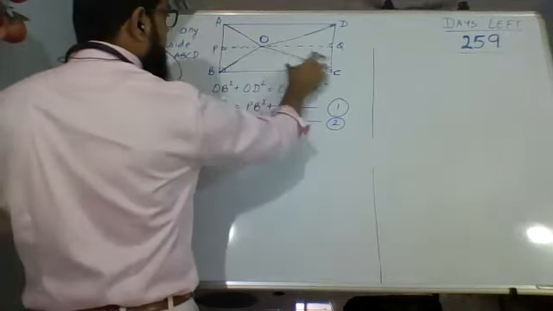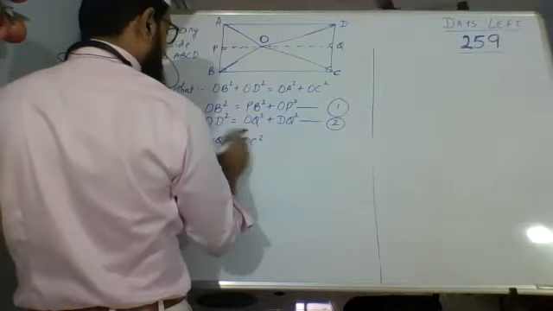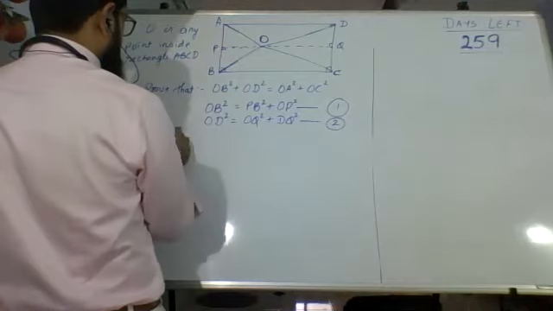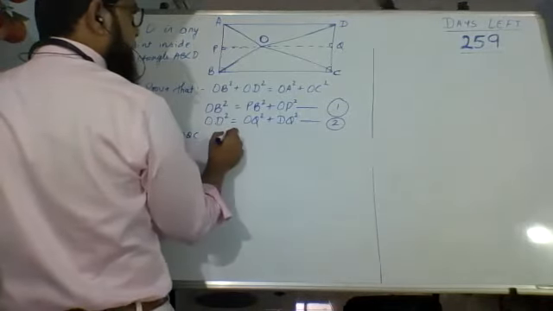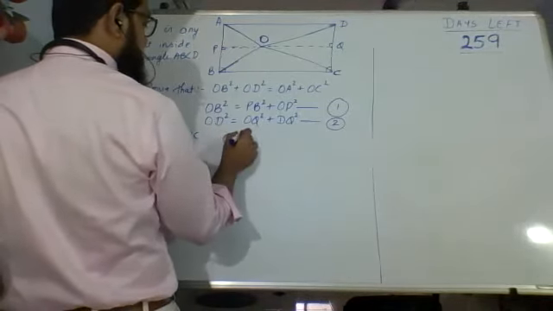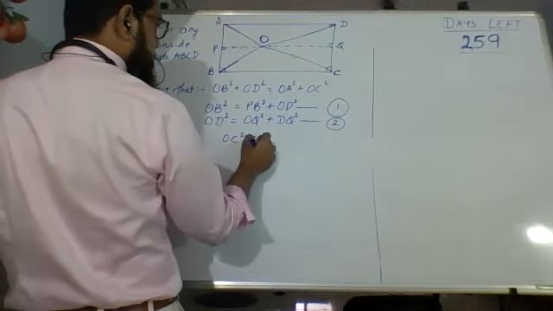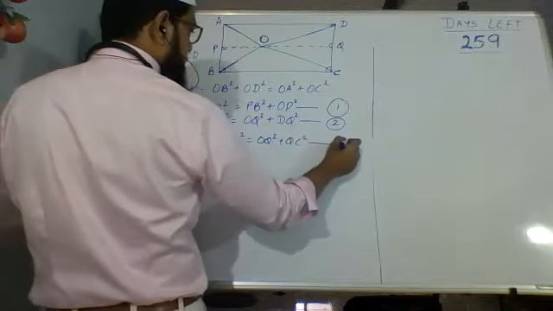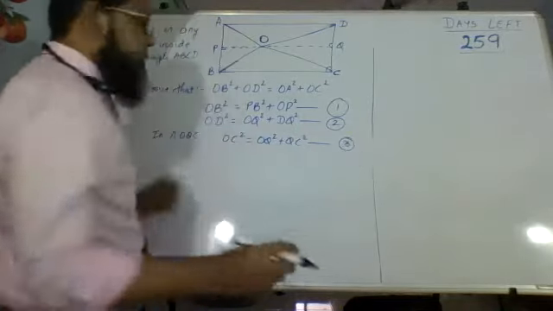Now here what we are going to get is OC square. In triangle OQC, I'll have OC square equals to OQ square plus QC square, by Pythagoras. I'll call this 3.